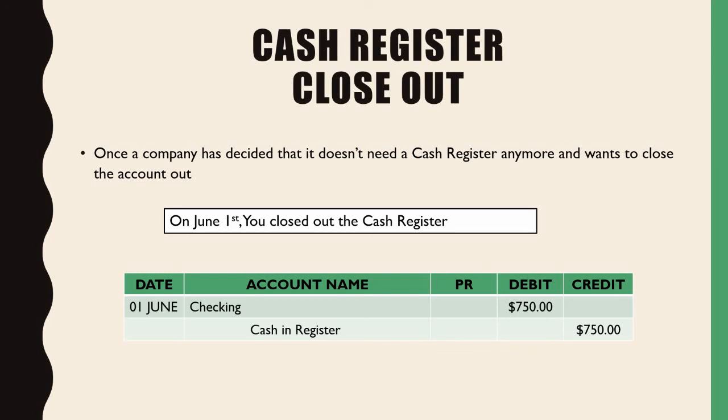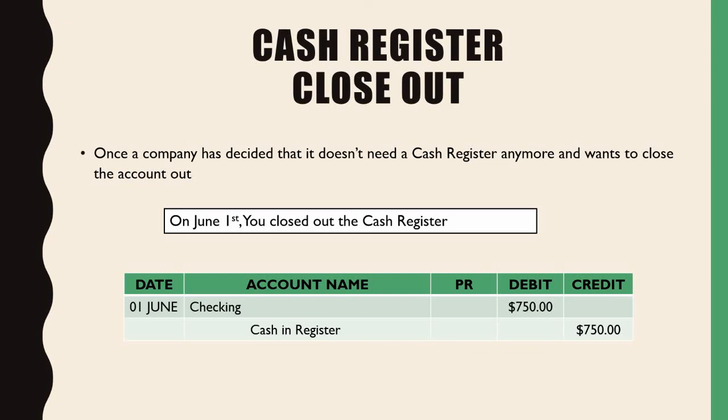In this case, let's say we're going to get rid of the cash register and be strictly credit only. Or maybe you developed an app where people can come in, scan their card, boom, transfer money, it's over. So for any reason that you need to close out your cash register, it is identical to the petty cash drawer. You're just going to take all the money in the cash register and dump it into your checking account, because that money is the business's money.